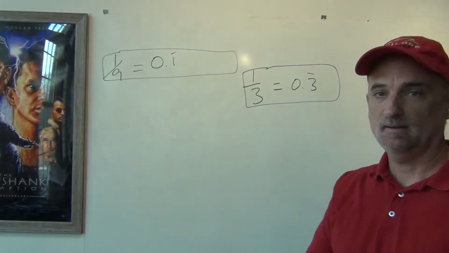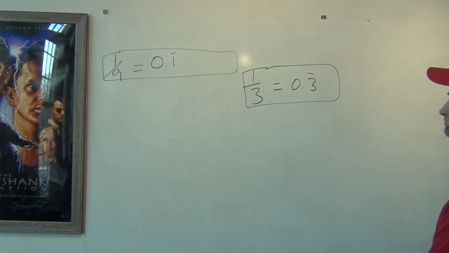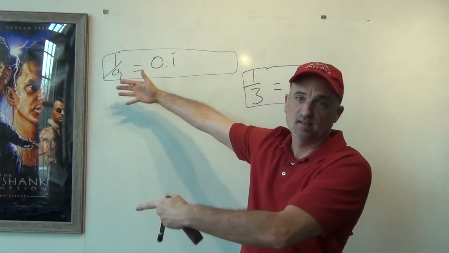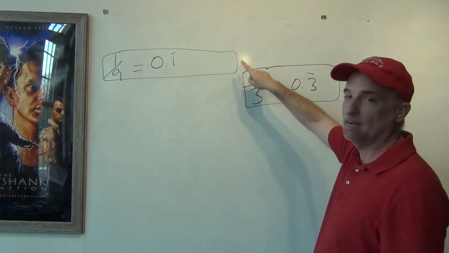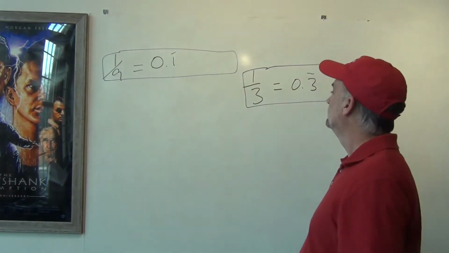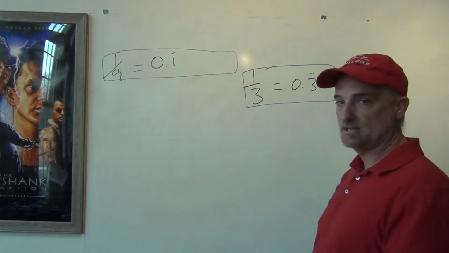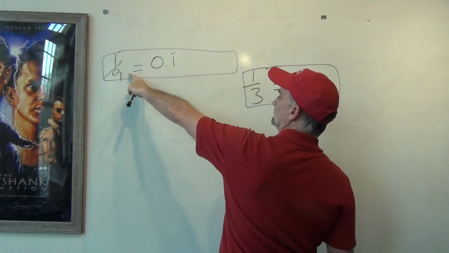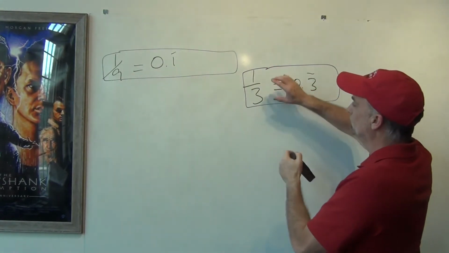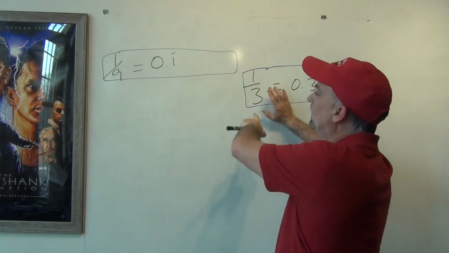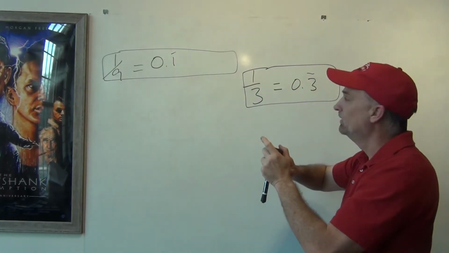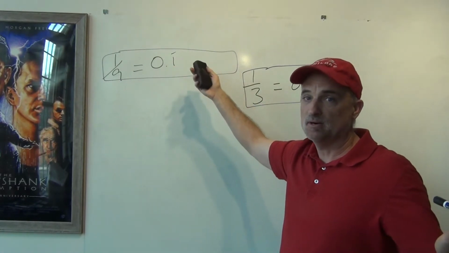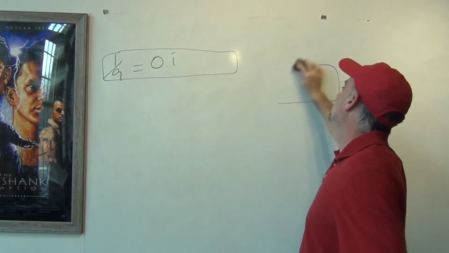Do you see something that I've noticed? Look at this. 1/3 can be expressed in ninths. All I would have to do is multiply by 3/3, okay? So we can speak in terms of ninths through 1/3, and since 0.1 repeater, ones, are a pretty easy number, let's just eliminate this one.